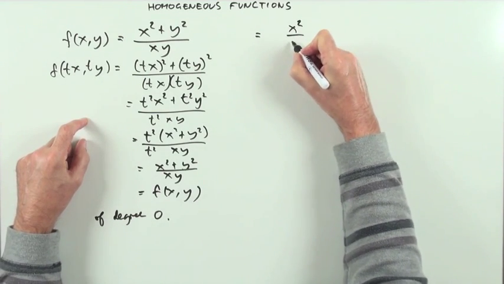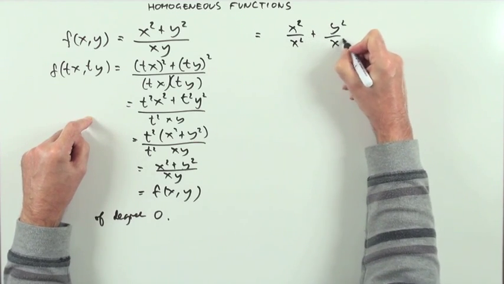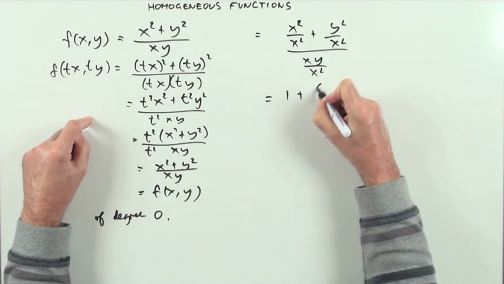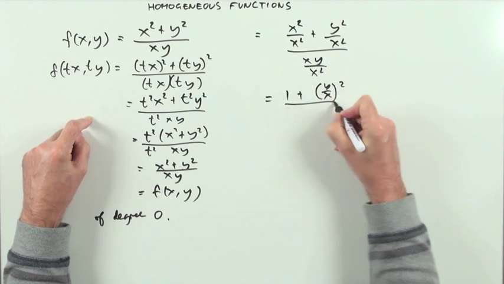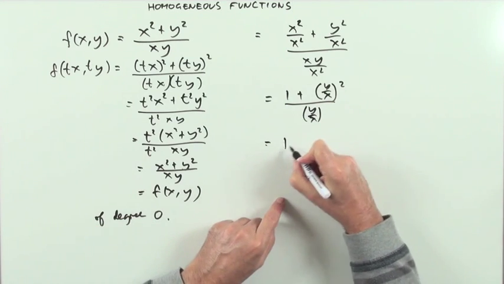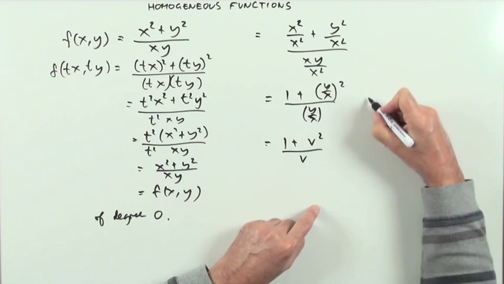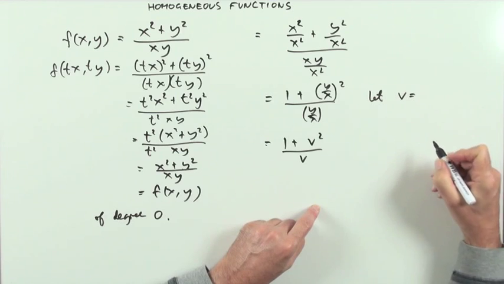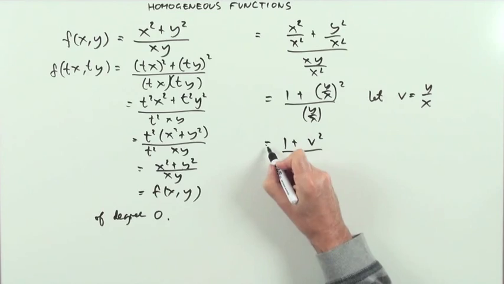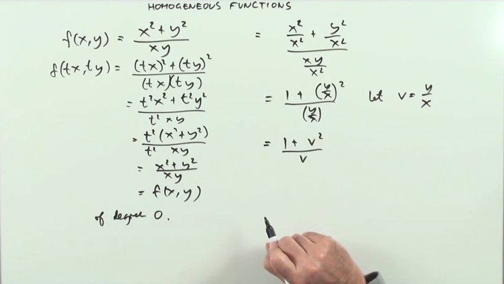If I divide everything by x squared, I'll have x squared over x squared plus y squared over x squared over xy over x squared, which is 1 plus (y over x) squared over y over x, which could be rewritten with a change of variable to (1 plus v squared) over v if I let v equal y upon x. Now the function is expressed just in terms of v in this part of it.